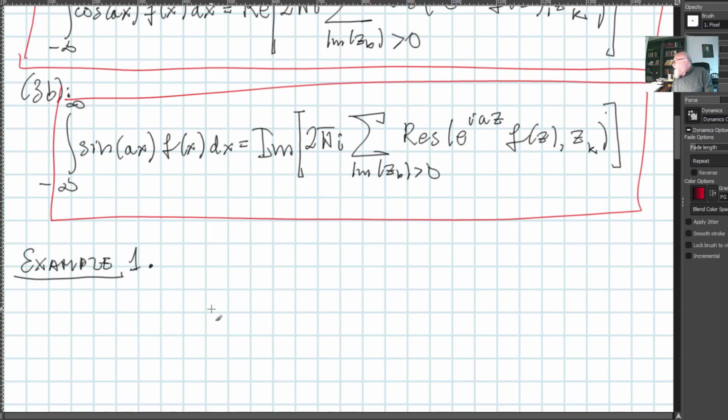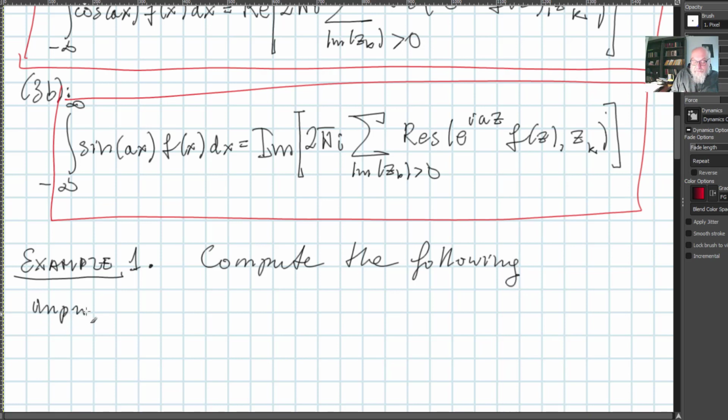So let's start. Compute the following improper integral.